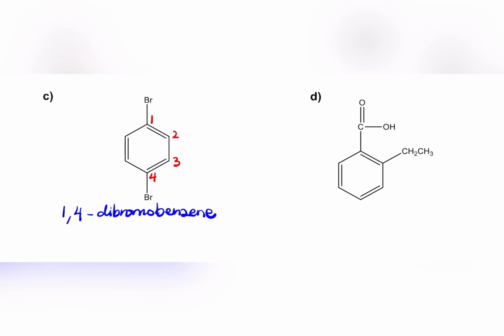And if you see this one clearly, position carbon number 1 and 4 for 2 substituents will be named as para. So I'm going to write it down as small letter P dash dibromo benzene. And this is another name for structure C, and both names are acceptable.